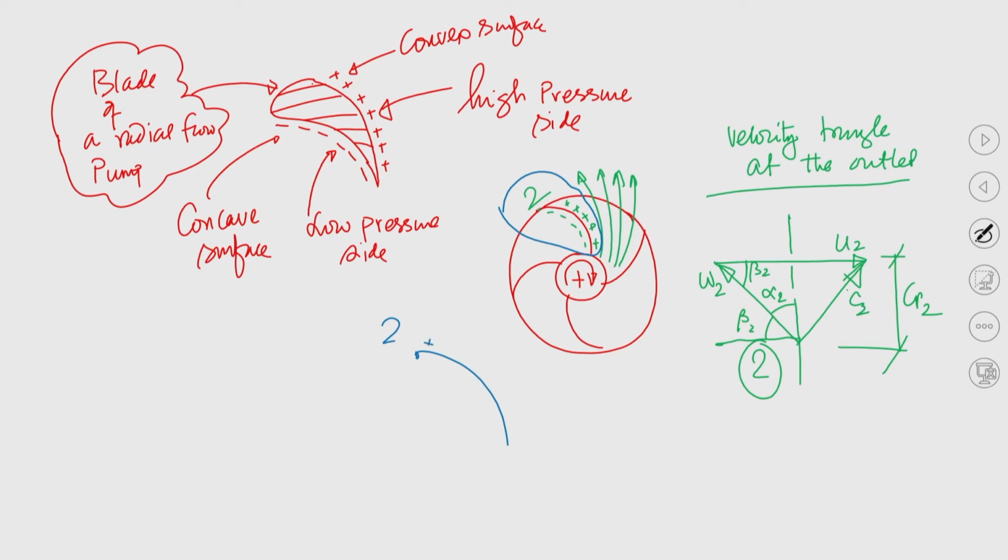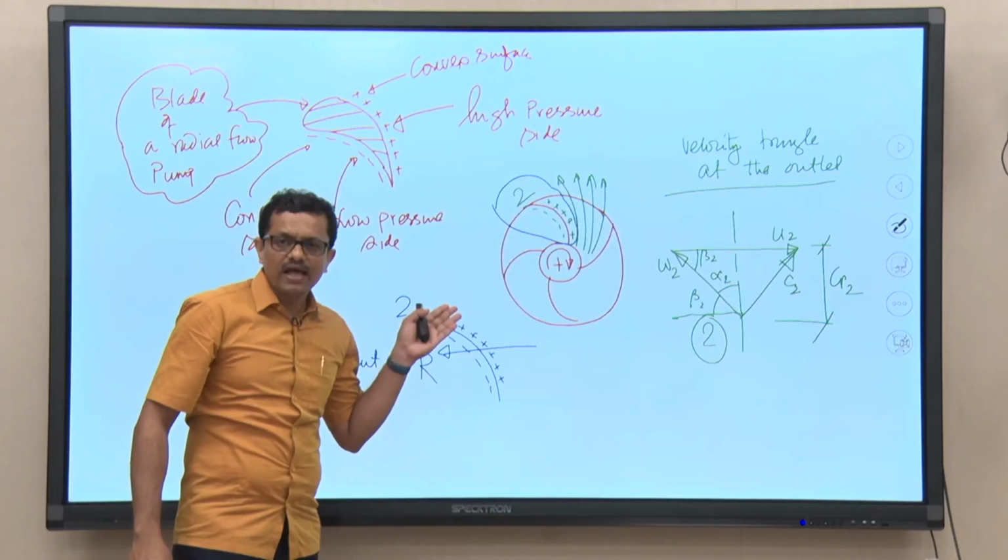This is the positive pressure, that is pressure is relatively high, and here pressure is less, right. Now, the resultant force is acting in this direction, that is R, the resultant force.